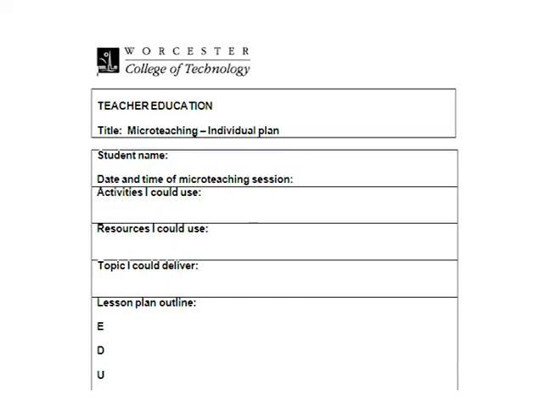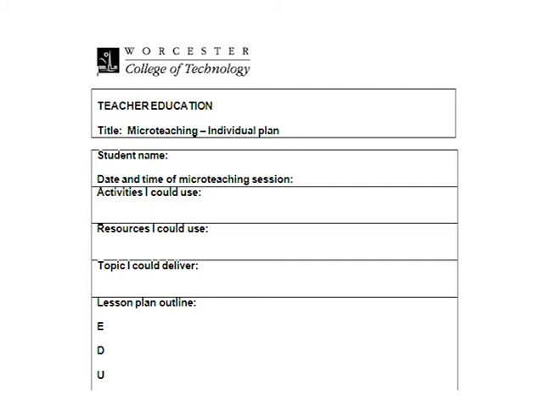The next document that you'll find up in the planning section of Moodle is a micro-teaching individual plan. You might find this useful as a spur for thoughts and ideas if you're unsure what to take as a topic for your micro session or you're not sure how to do it. So use this as a way of collecting your thoughts.